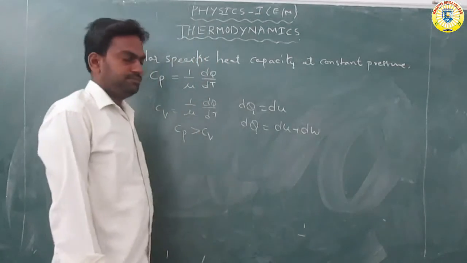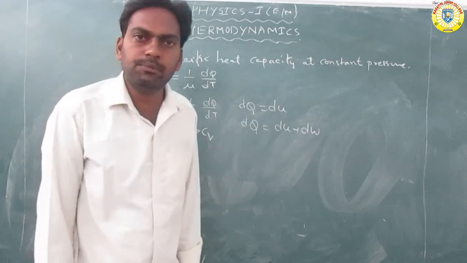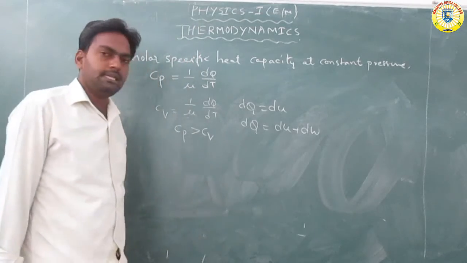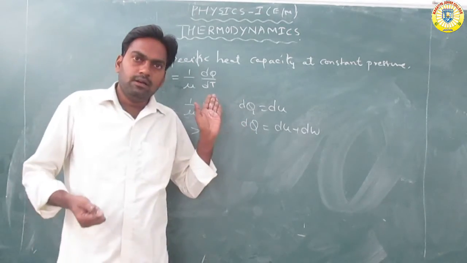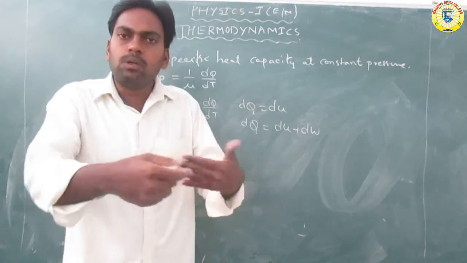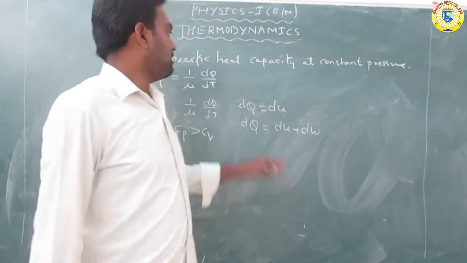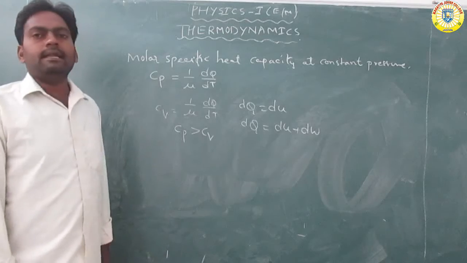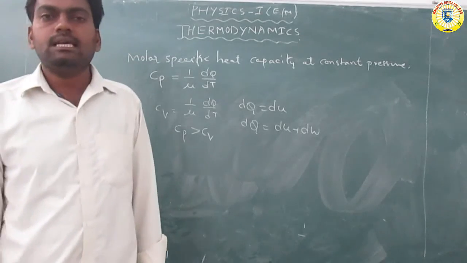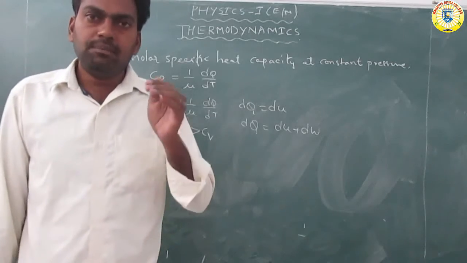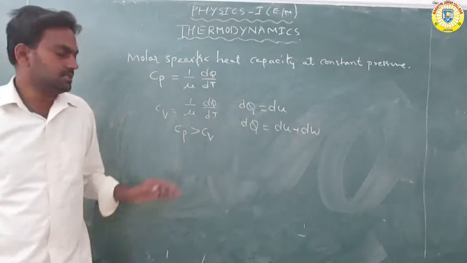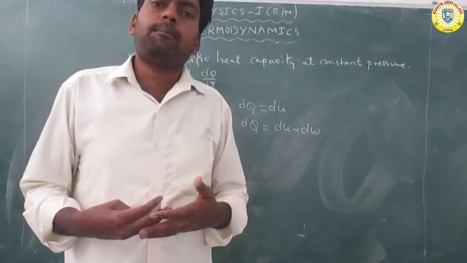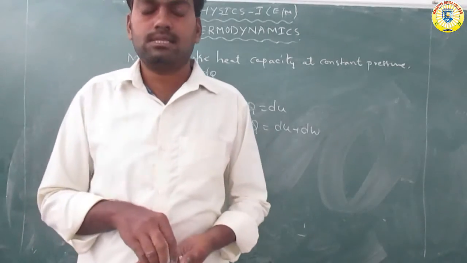So dq is equal to du plus dw. That means more heat is supplied at constant pressure compared to constant volume. So the condition is satisfied: Cp is greater than Cv. Cp means more heat is supplied to the system.